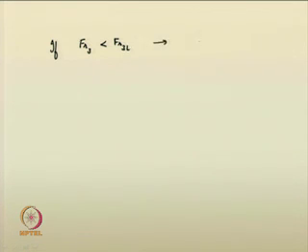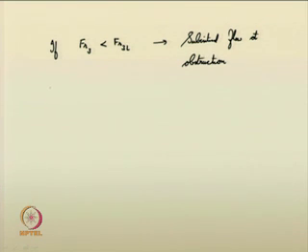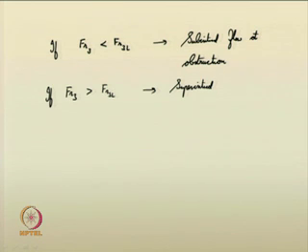The flow through the obstruction is subcritical flow at the obstruction. If Fr3 is greater than Fr3L, the flow at the obstruction is supercritical flow at the obstruction. So, like that you can suggest criteria now.